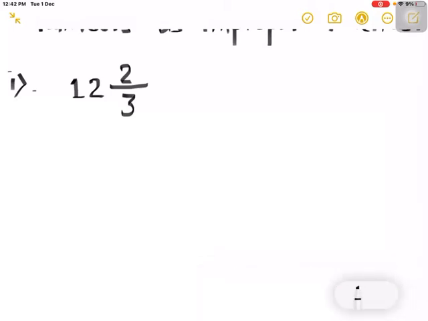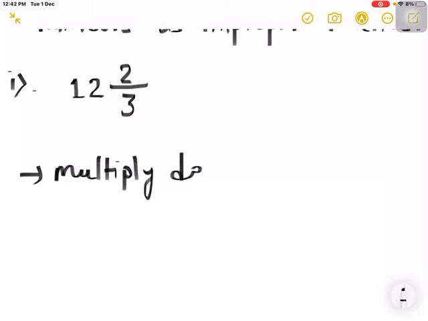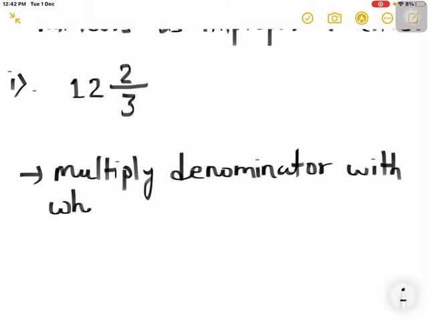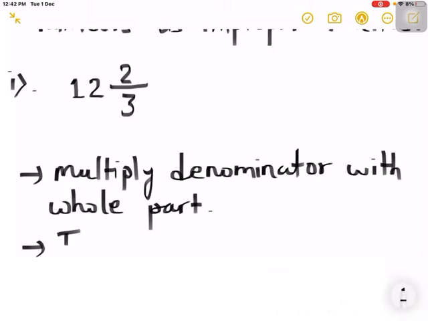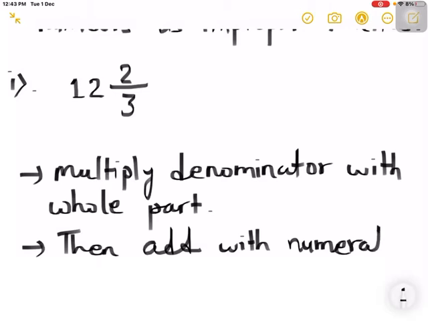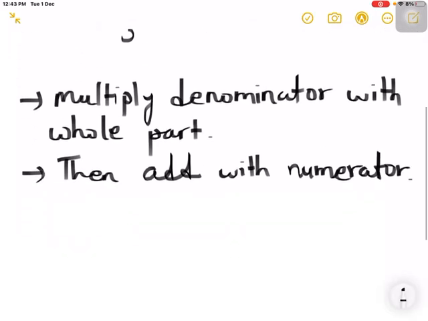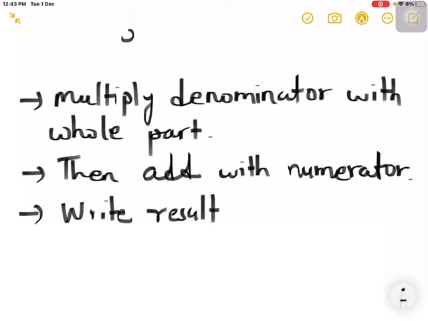Just multiply the denominator with the whole part, then add with the numerator, then write the result as the numerator.